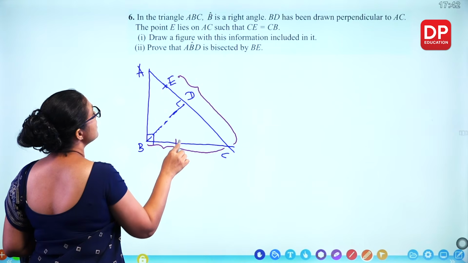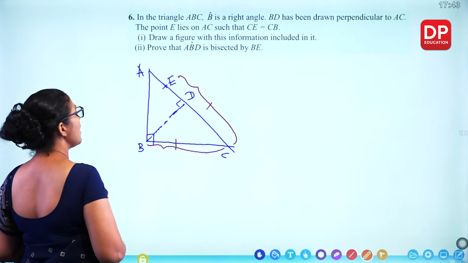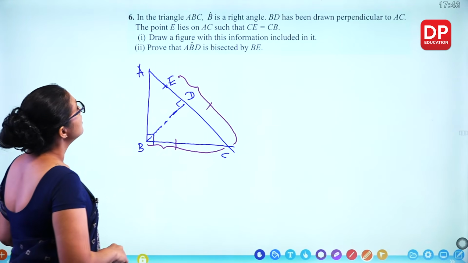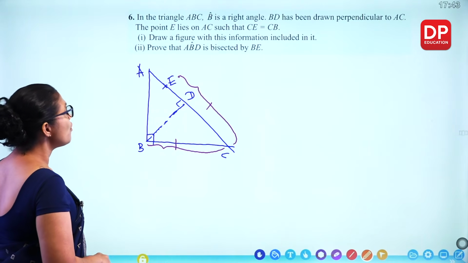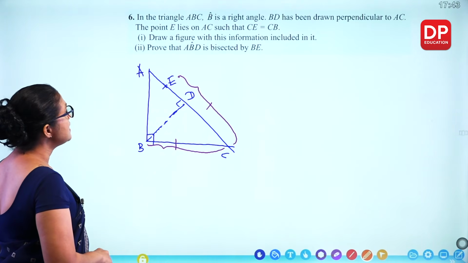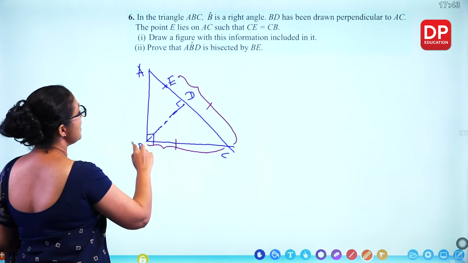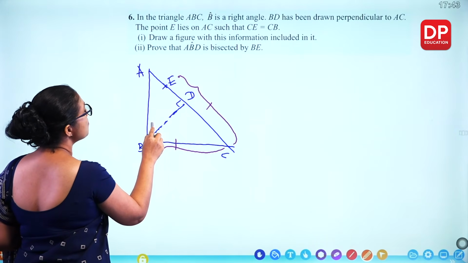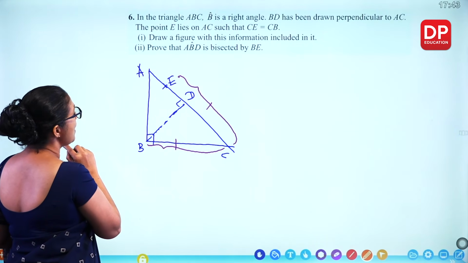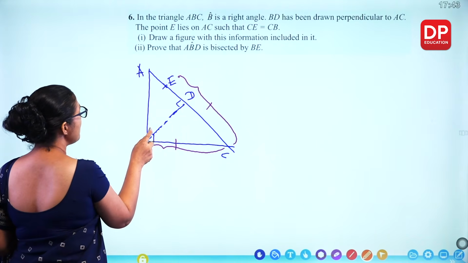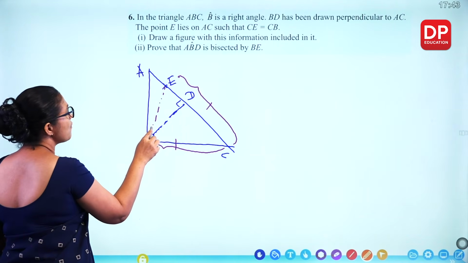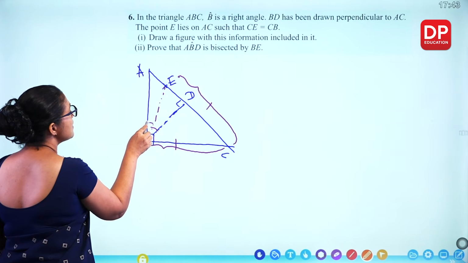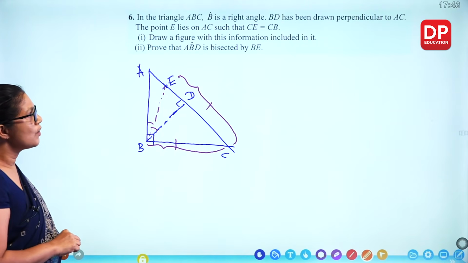So here this and this both are equal. So draw a figure with the information included in it. Prove that ABD is bisected by BE. So that means if you draw this line BE, you have to show that this and this both angles are equal.